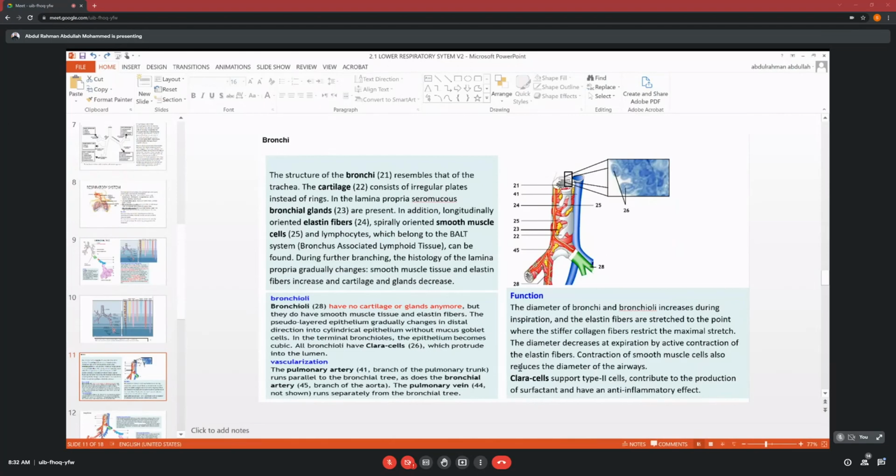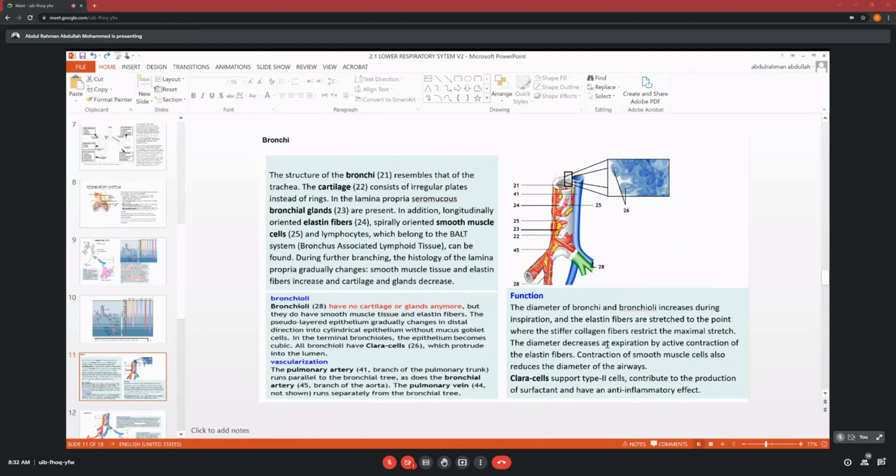Contraction of smooth muscle also reduces the diameter of the airway. Let's see what it says here. The elastin fibers are stretched to the point where the stiffer collagen fibers restrict the maximal stretch. One thing here is that the elastic fibers prevent excessive or unneeded expansion of the lung.